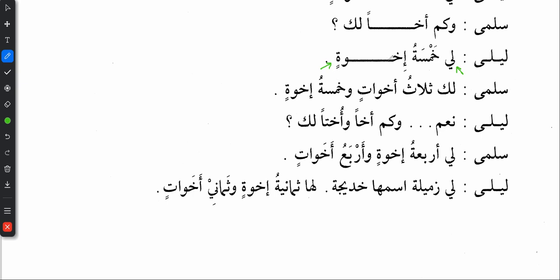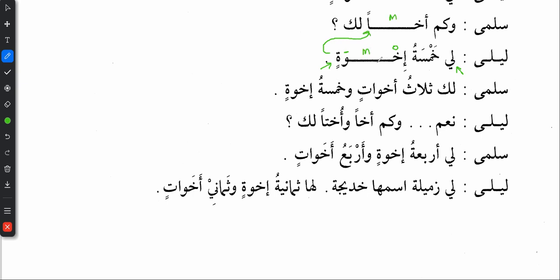What is the singular of ikhwatun? See the spelling, kasra, kha with sukoon, wa with fatha, and ta marbuta with the kasra. Then ikhwatun. It's not alif and ta. So this is not the plural of the sisters. When you go back and see the singular, this was male.